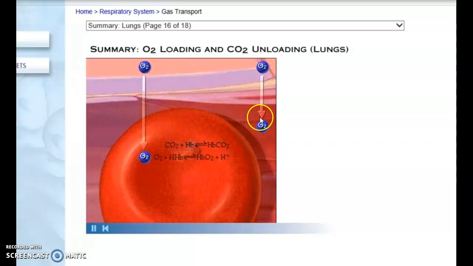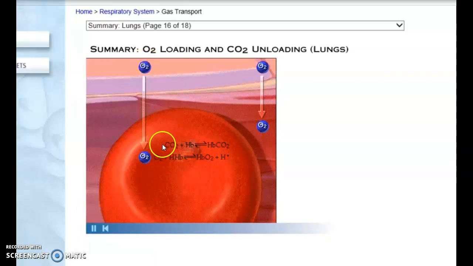Well, when oxygen does load into the lung, we know only about 1.5% actually goes directly into the plasma and dissolves in the plasma, and then 98.5% of oxygen going in actually triggers the reduced hemoglobin to give up that proton, and now that the hemoglobin has given up the proton, it can bond to the oxygen there, so we actually have our oxyhemoglobin.